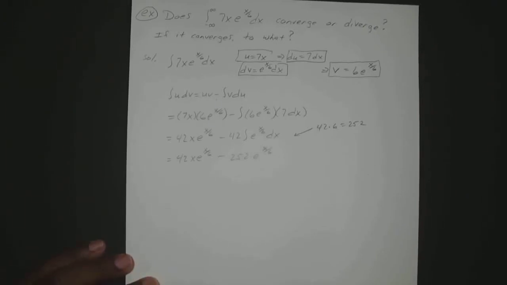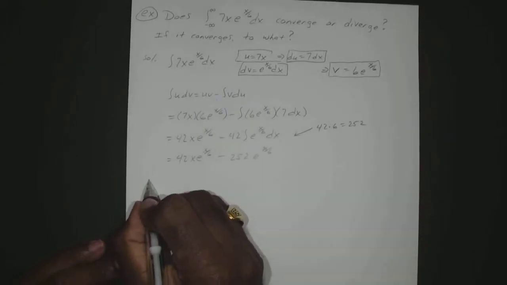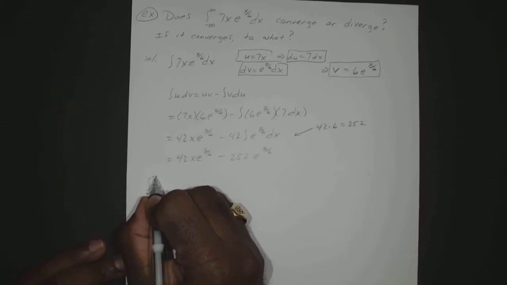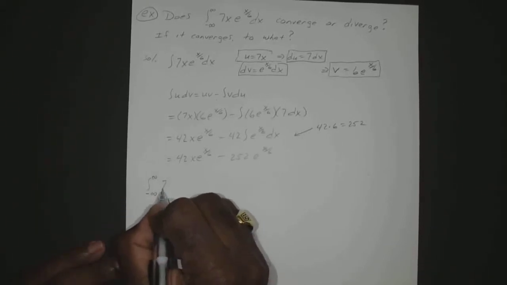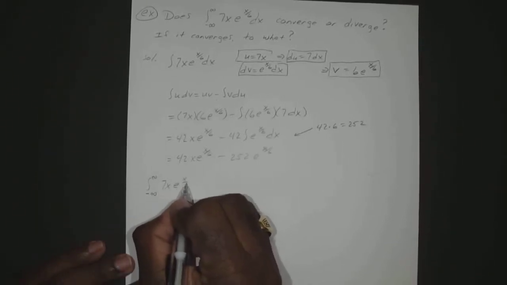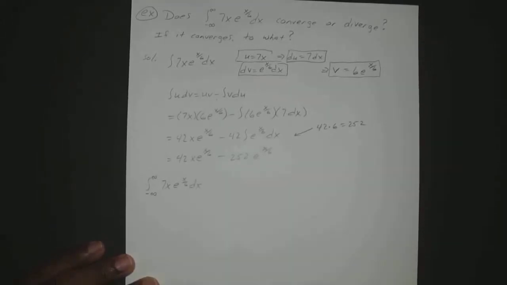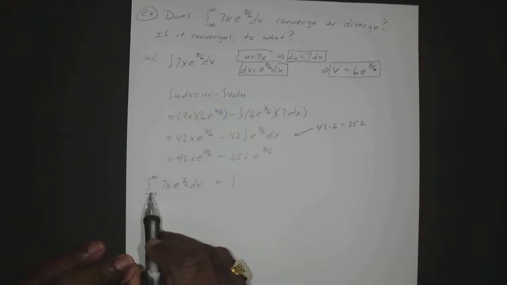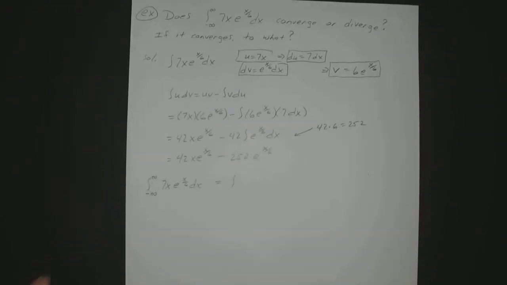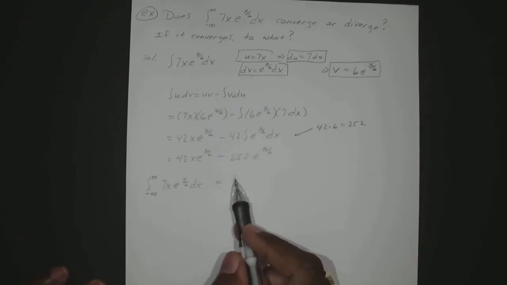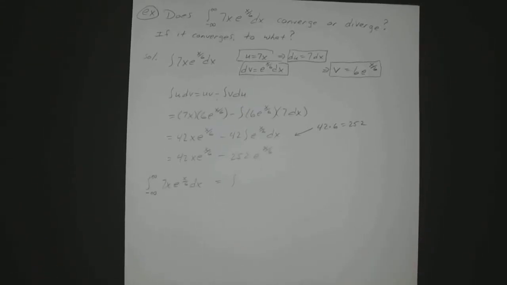All right. And that's the reason I waited, because now if we rewrite it, 7x e to the x over 6 dx, and we make that equal to, and you can pick any value between the two. Like I said, I always pick 0 just because it's easier. You can make it from negative infinity to 4, 4 to infinity, doesn't matter at all.